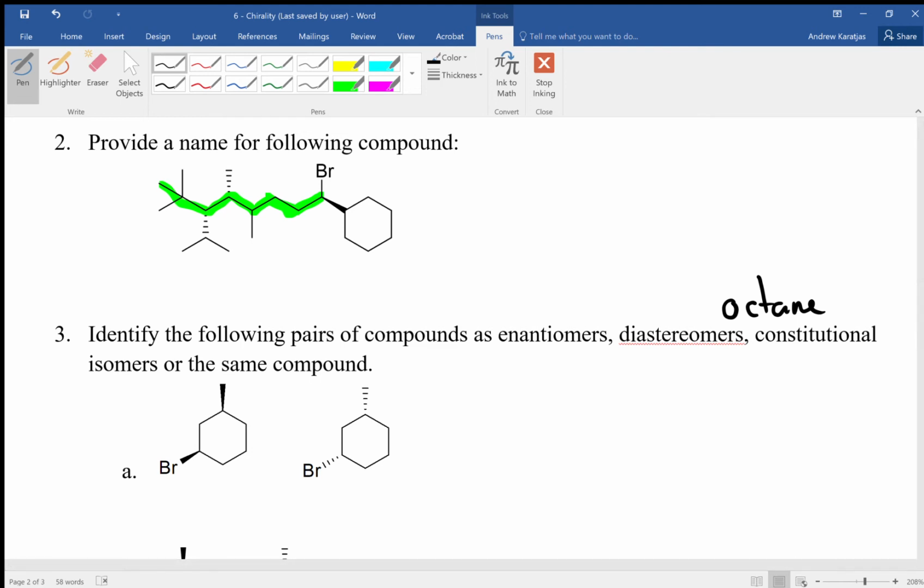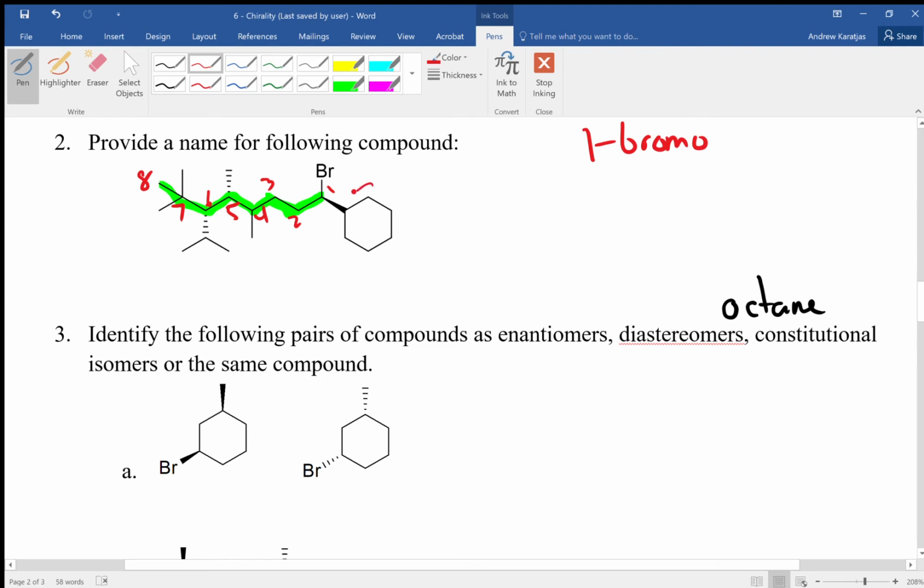Now we've got to name our substituents, because we're going to start here because there's a substituent right on that first carbon. 2 of them, in fact. So carbon 1, we have a bromine. We also have this ring. So we'll get to cycloalkane nomenclature actually very, very soon.